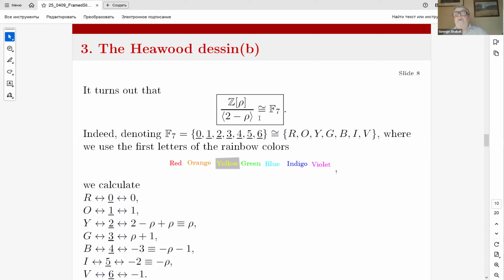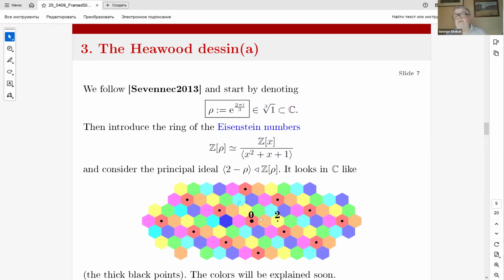Now we have the small problem of naming the elements of F7. By the way, if on this picture I would use the natural names like 1, 2, 3, 5, 6, 7, then it would be impossible to understand because they would mix with the natural numbers.